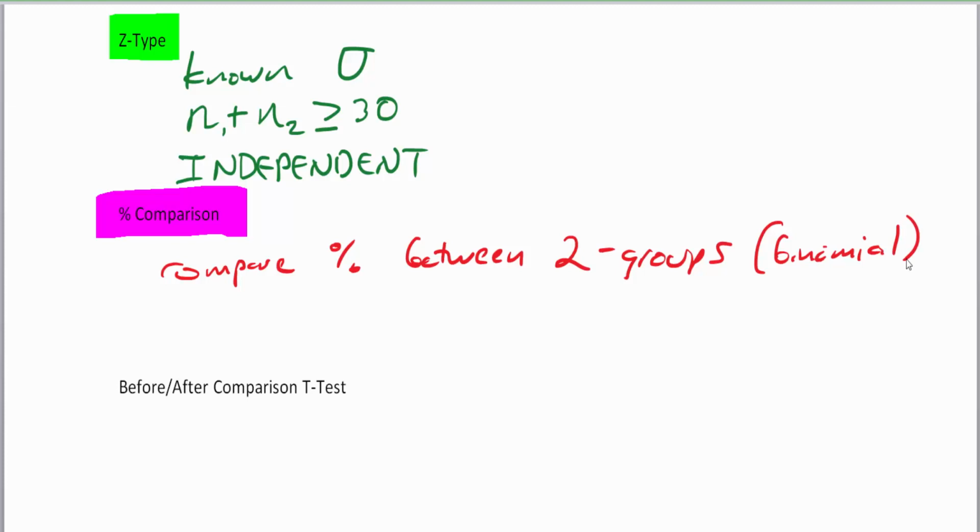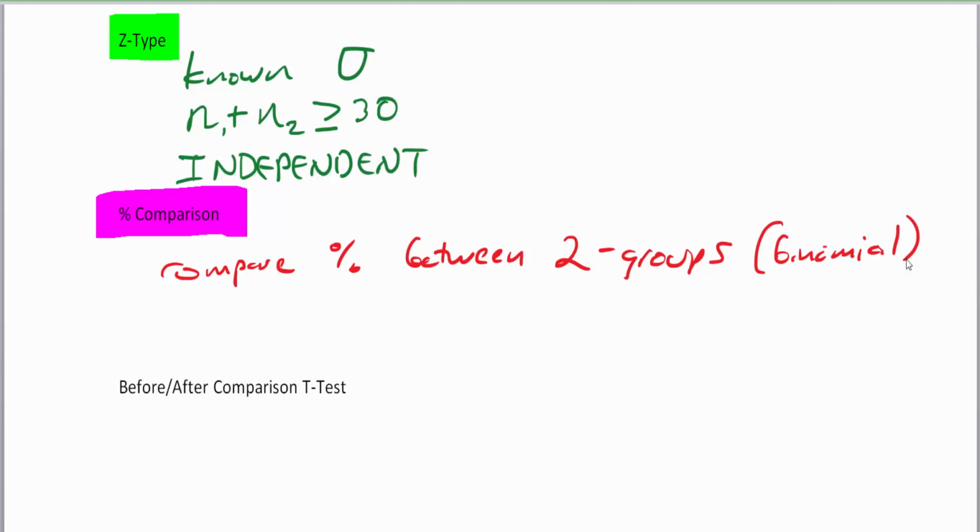Maybe a voting affiliation, or maybe a preference for a topic, whether you're pro or con something, or you can even look at the percentages of those who have something or not, like maybe a cell phone or a video game system. But you can compare the 2 groups to see if they're different, which is kind of nice, because you can look at different groups from different states, counties, or different backgrounds.